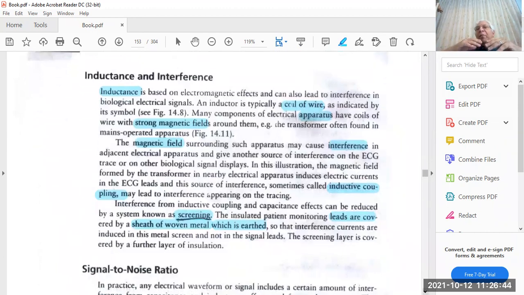Of course, as we said, the inductors and capacitors in electrical equipment can affect the end result of the monitoring system. We must keep the interference in mind. We call it sometimes inductive coupling.